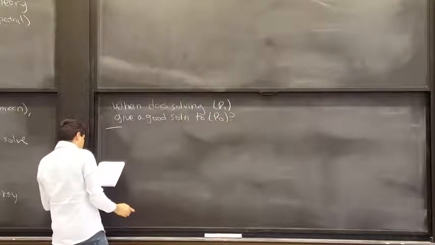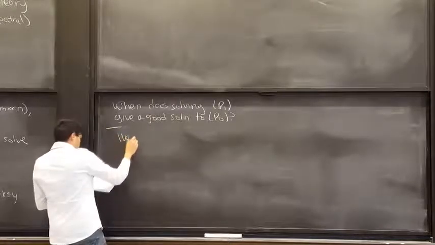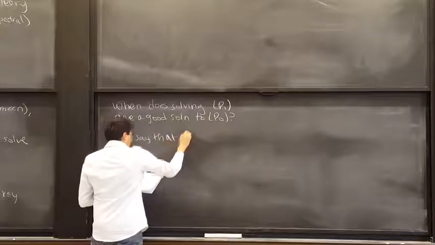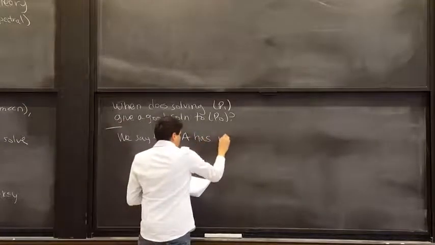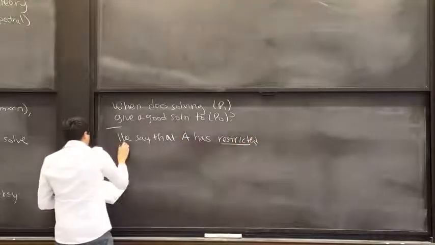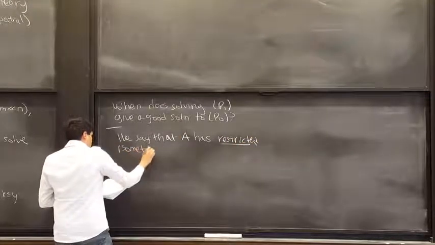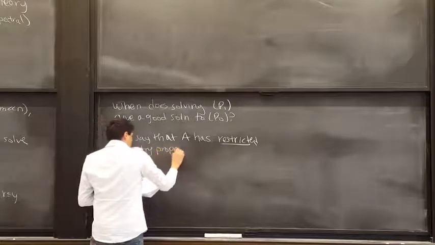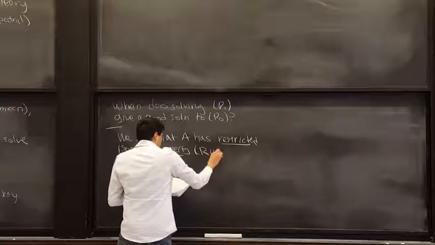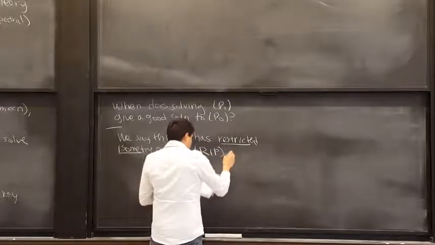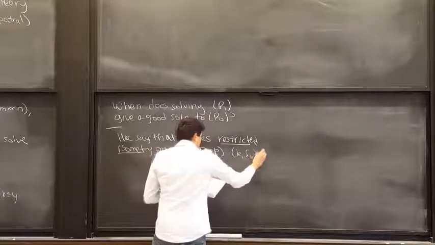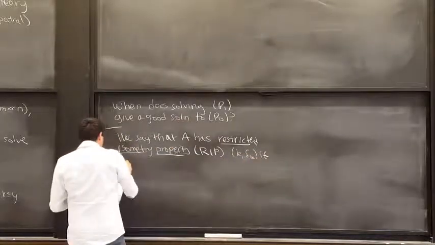So let me tell you about this really important property called the restricted isometry property. We'll say that A has the restricted isometry property, which is usually abbreviated as RIP, with some constants K and delta sub K, if we have the following conditions.